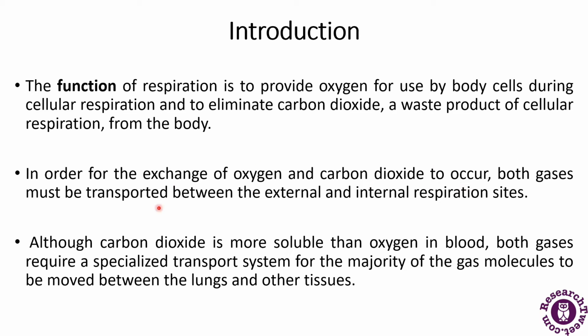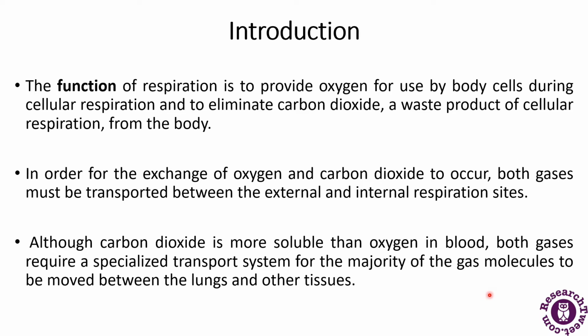So there needs to be an exchange of gases, and both gases are transported between the external and the internal respiration sites. Now, although carbon dioxide is more soluble than oxygen in blood, both gases require a specialized transport system for the majority of the gas molecules to move between the lungs and the other tissues.